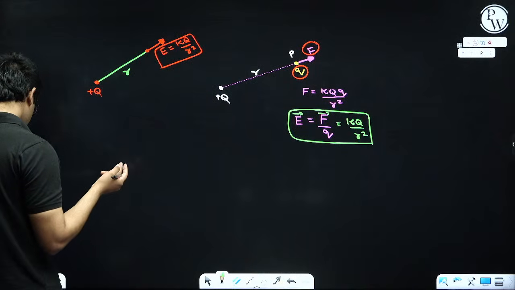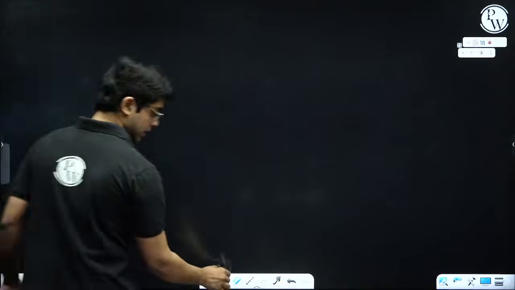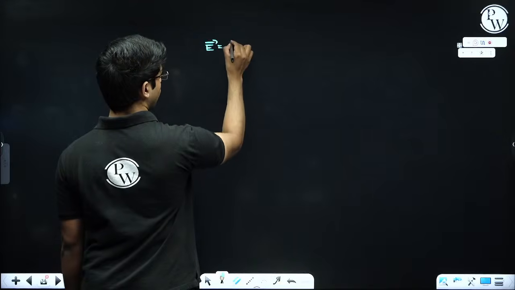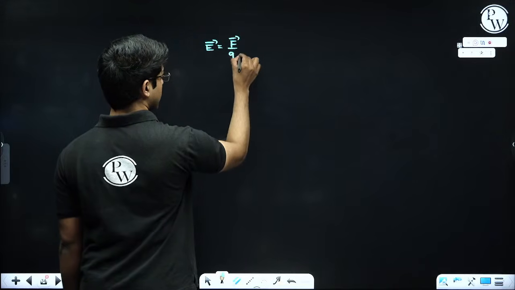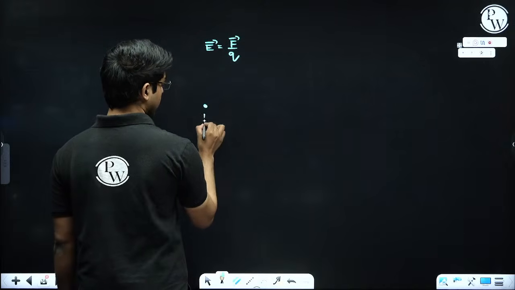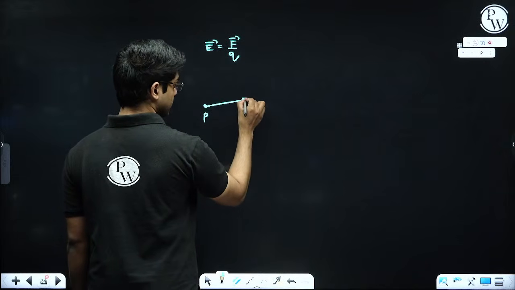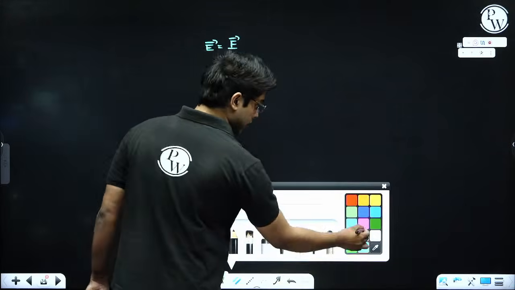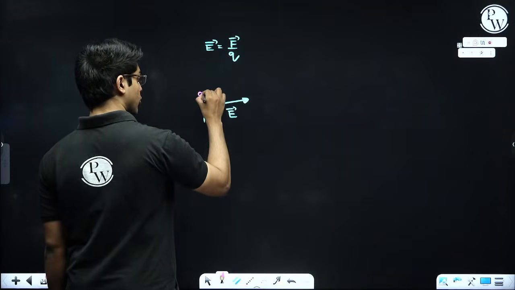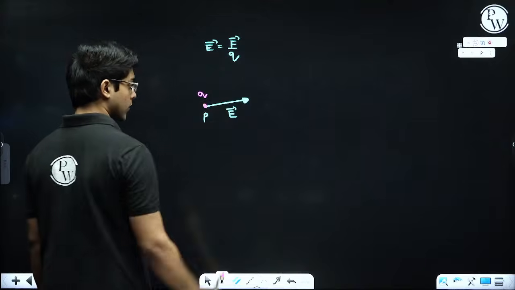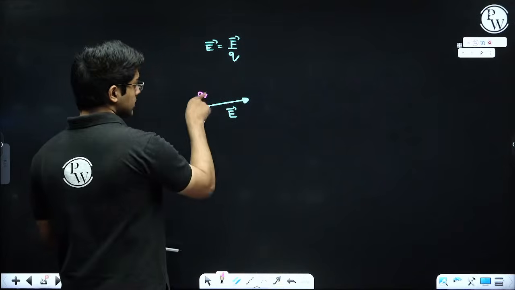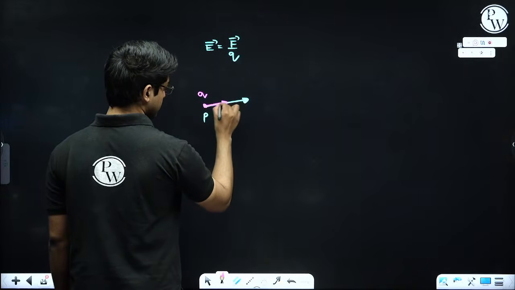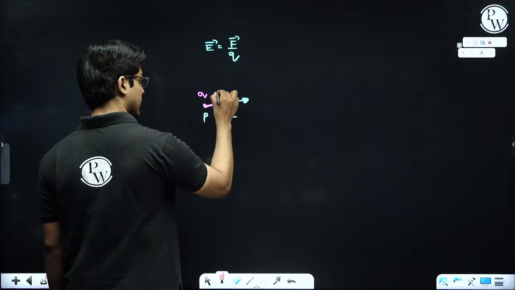The opposite case: we wrote E vector as the force divided by the charge, right? Similarly, if at some point P the electric field is given, and I bring another charge Q and place it at this point, then the Q charge will feel a force along the electric field.